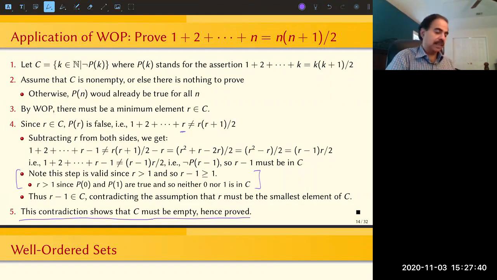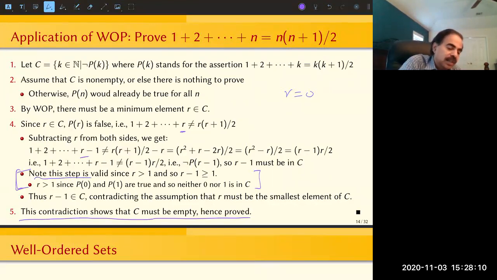Because let's say R was already 0, then R minus 1 is not a natural number. So when we do these things, like removing R, you need to make sure that R is actually greater than 0. That is the detail that we deal with there.